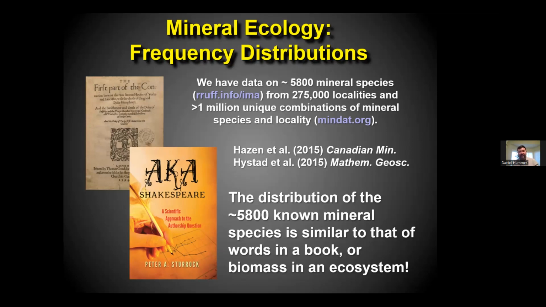Okay, they're practically everywhere. But that only accounts for a handful. Off the top of your head, you can probably come up with 10, 20 or so, but there's nearly 6,000 mineral species now. Most of those occur in only 1 or 2 places in the world. Okay, and it turns out this is exactly the way that words in a book appear.